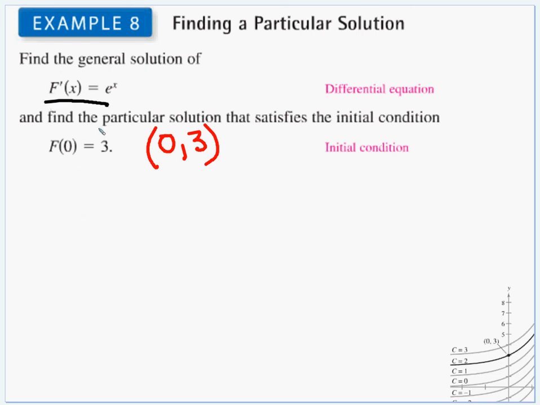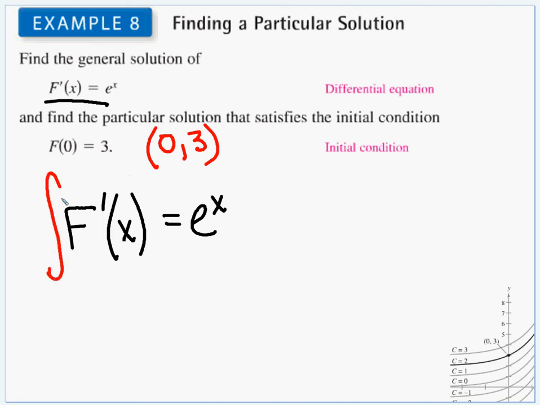So I'm just going to copy this down here. Capital F prime of x is e to the x, and we've got our point 0, 3. So now here on this side, if I antiderive, the antiderivative and this prime notation are going to cancel. So that's just capital F of x equals, what is the antiderivative of e to the x?